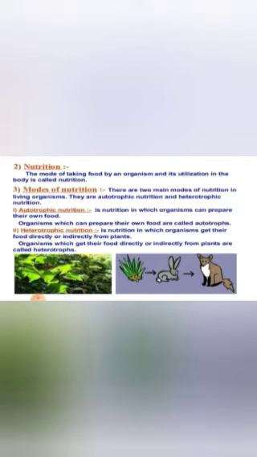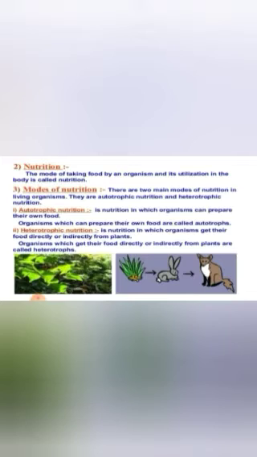Now we will move on to the next concept, that is modes of nutrition. Modes means the way of nutrition. There are two main modes of nutrition in living organisms. They are autotrophic nutrition and heterotrophic nutrition. Now what is autotrophic nutrition? Auto means self. Trophic means nourishment. So autotrophic nutrition is a nutrition in which organisms can prepare their own food.